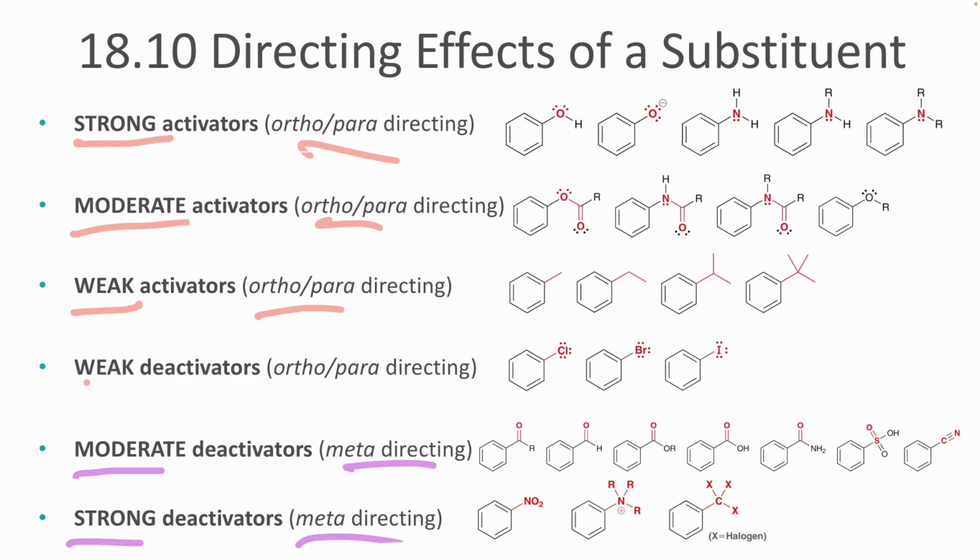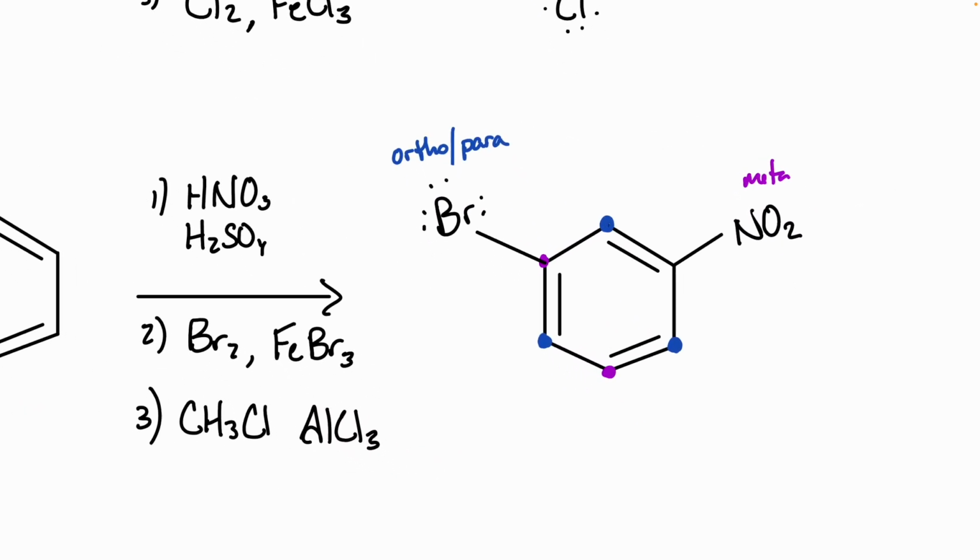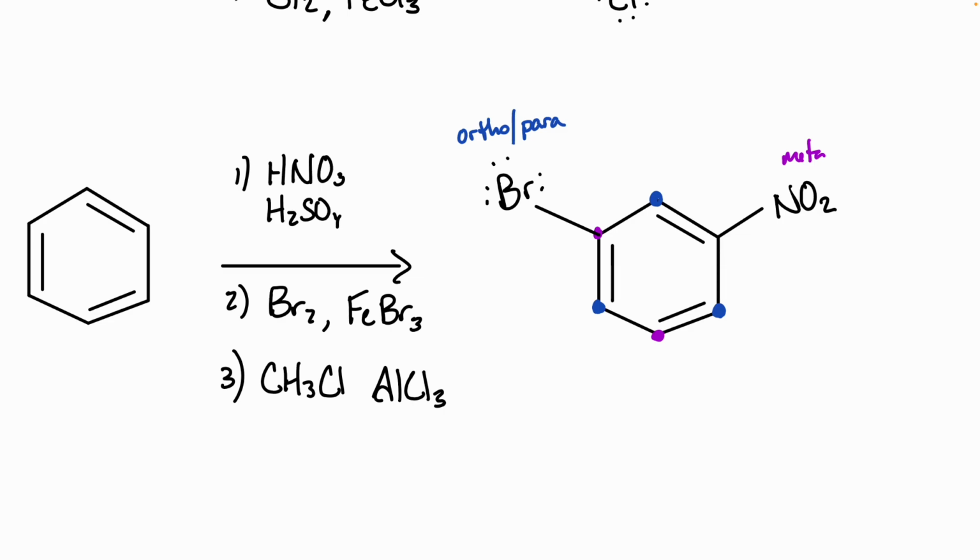Right? So when we have a conflict, how are we going to break that conflict? We have to look at the relative strength here. So what we're going to do is not just say that this was a meta-director, but that nitro group is a strong meta-director. And our bromine is ortho-para, but what type of ortho-para director?